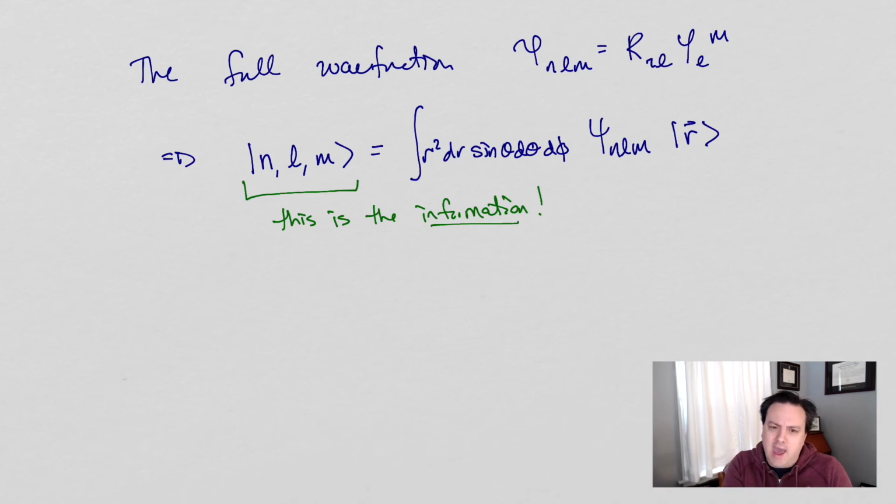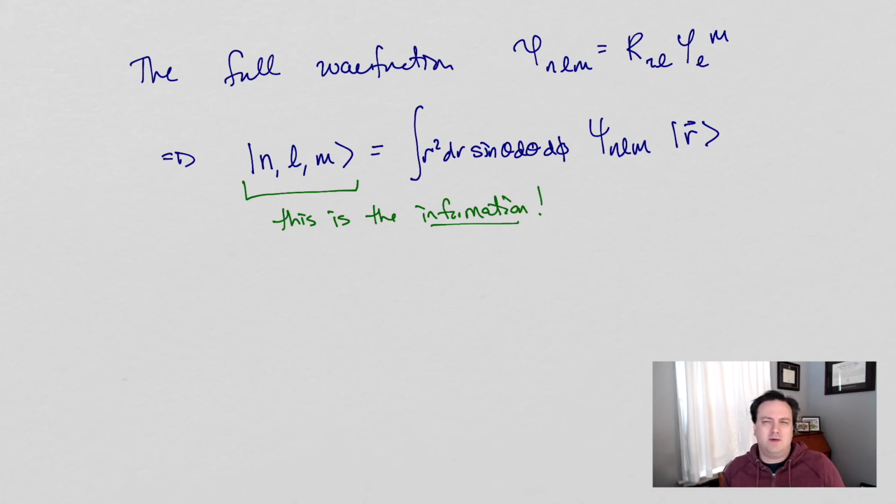Now I can use the ket, which is equal to the integral of the wave function over all space, so that I can write the wave functions in the position basis. But I can now talk about the state |n l m> as being the real physical quantity that I get from doing this problem, right? The wave functions are interesting, but they don't help me measure energy differences, right?